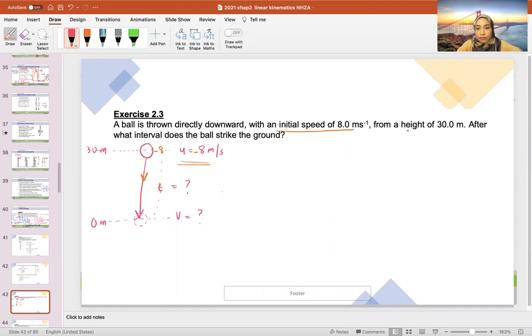But the question says from a height. From a height of 30. So it can't be like that. So is this right or wrong? In the middle. Correct. It's correct.